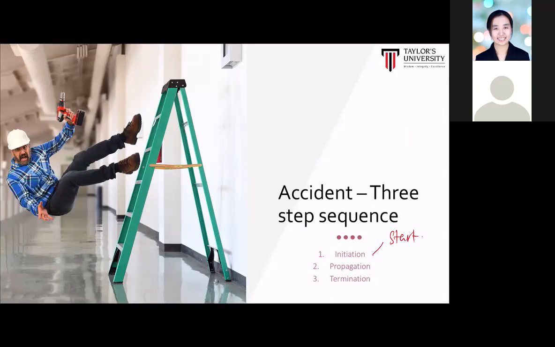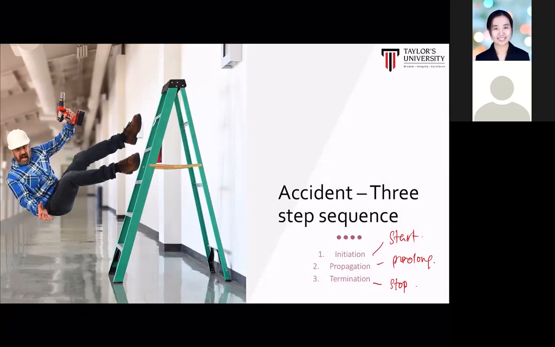So we want to see what prolonged it. Then of course there is termination, where it stops. What stopped it? So when we analyze an incident or an accident, there are always 3 steps.